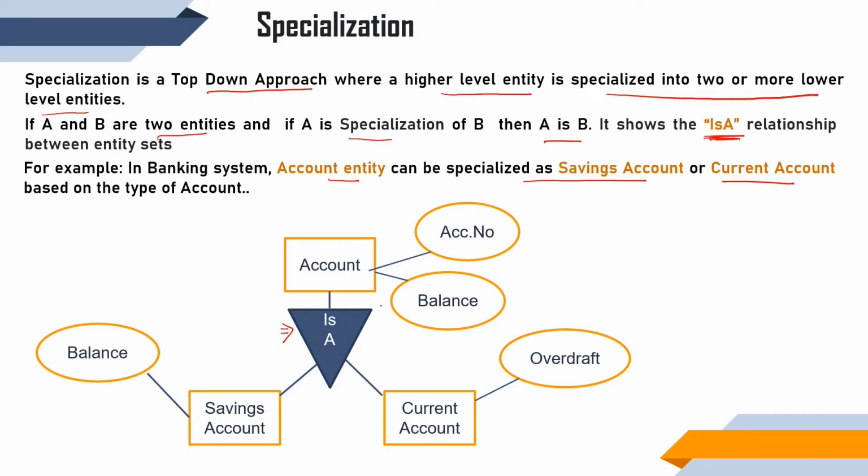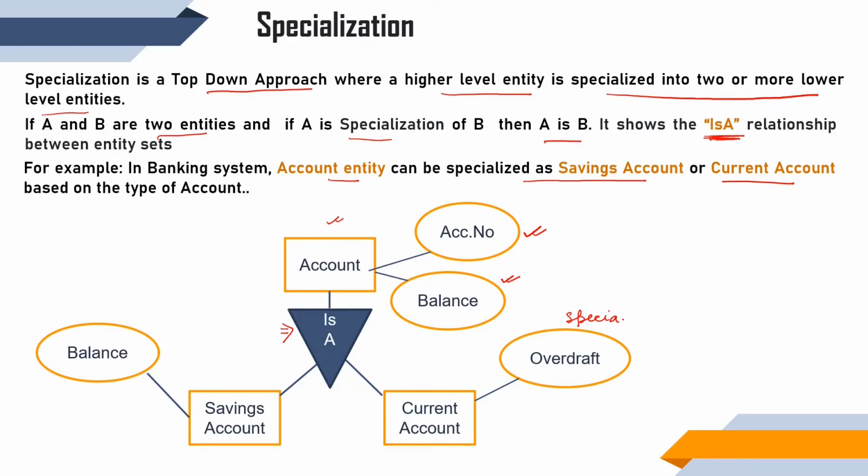That means savings account and current account are nothing but accounts only, but with some specialized features. Like account, this entity has the attributes account number and balance. Savings account also has account number and balance, but current account has account number and overdraft amount. That means now this is a specialized kind of case.